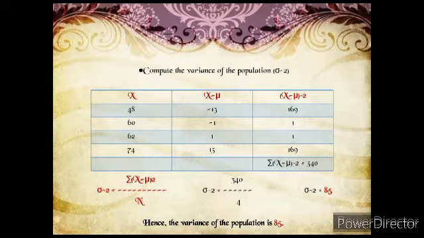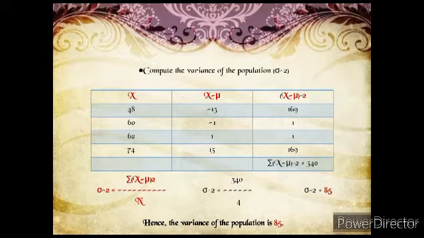You need to subtract the mean, which is 61, from all x. 48 minus 61 is equal to negative 13. 60 minus 61 is equal to negative 1. 62 minus 61 is equal to 1. And 74 minus 61 is equal to 13.